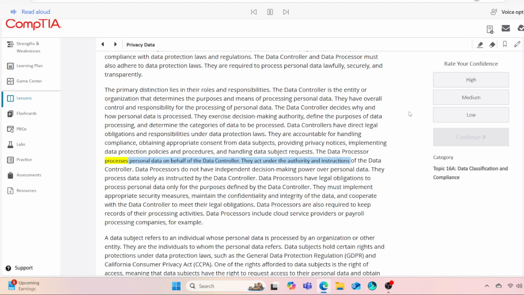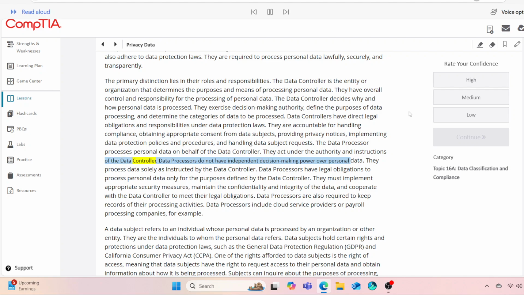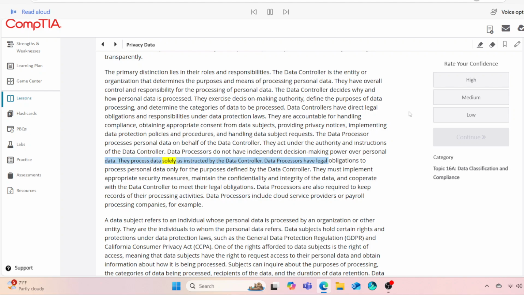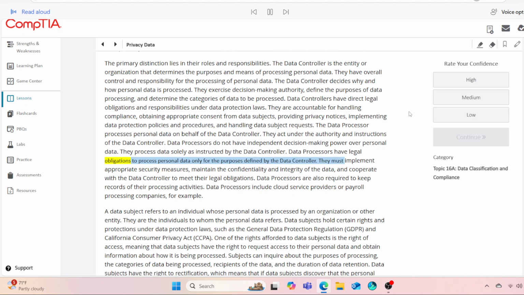The data processor processes personal data on behalf of the data controller. They act under the authority and instructions of the data controller. Data processors do not have independent decision-making power over personal data. They process data solely as instructed by the data controller. Data processors have legal obligations to process personal data only for the purposes defined by the data controller.